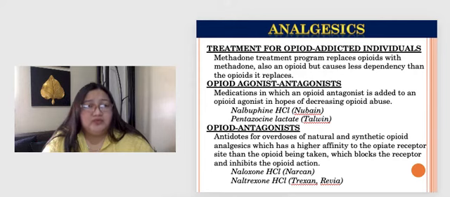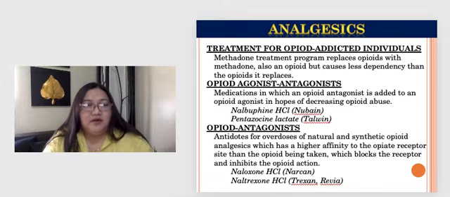One is the methadone treatment program. Methadone replaces an opioid, but it causes less dependency than the other opioids. Especially kasi when you discontinue the opioids, no? Withdrawal symptoms and rebound pain may occur.